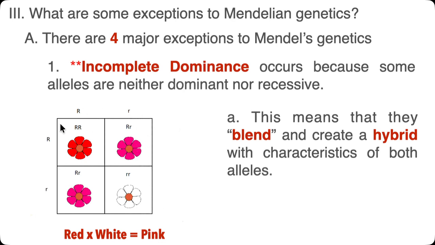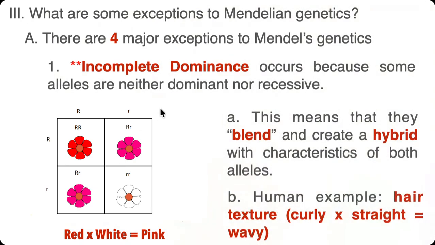So here would be the breakdown in a Punnett square. 25% of your children would be red, 25% of the children would be white, 50% of the children would be pink. A good example for humans is hair texture.